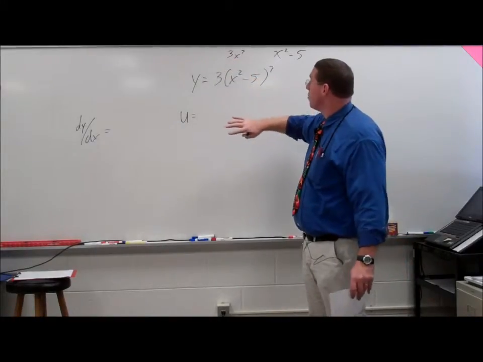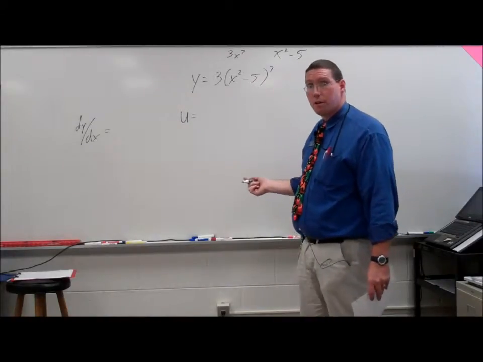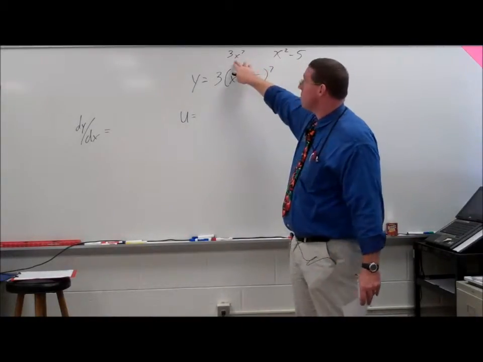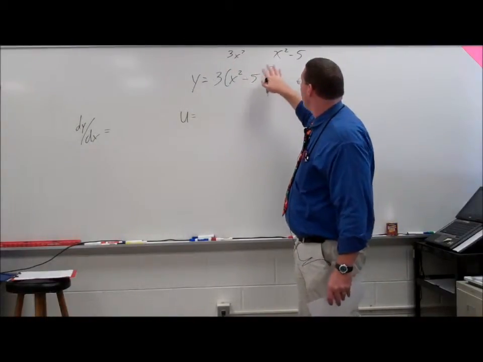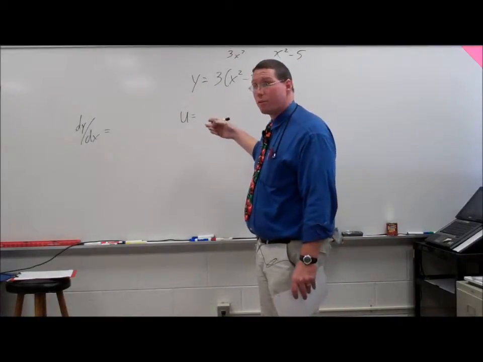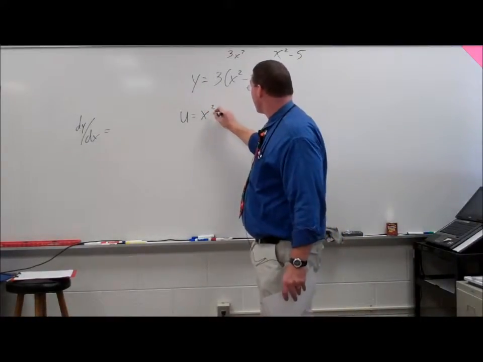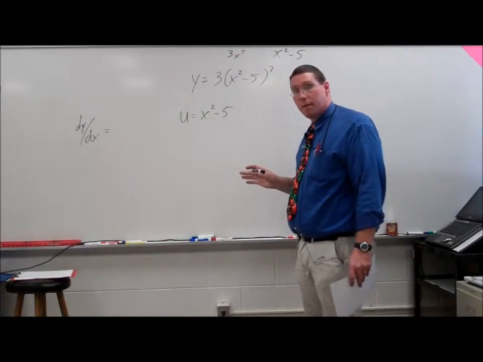Okay? And the chain rule allows us to find the derivative of a composition function, where one function is inside of the variable for the other function. So we're going to call the inside function u, because it's going to make things a little bit easier to understand. So we're going to say u is equal to x squared minus 5.